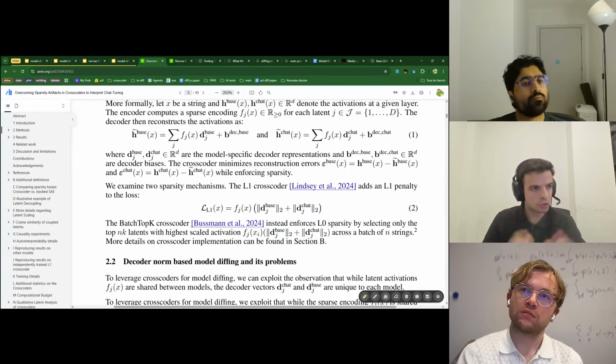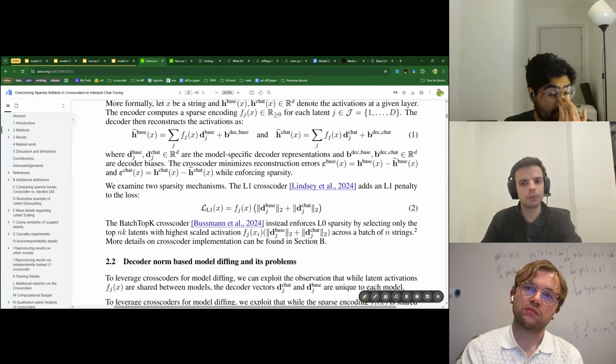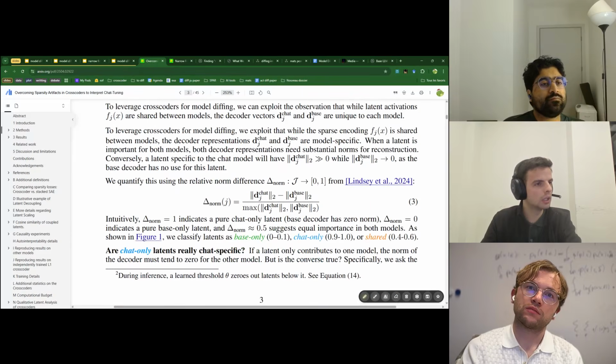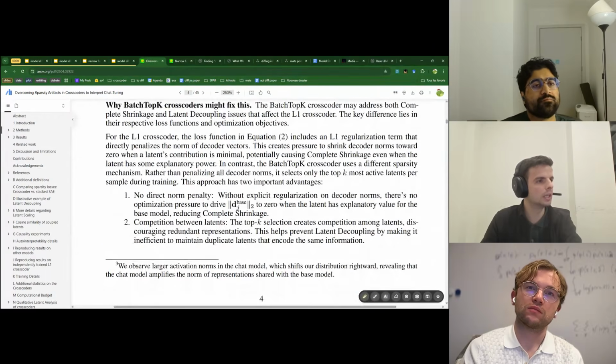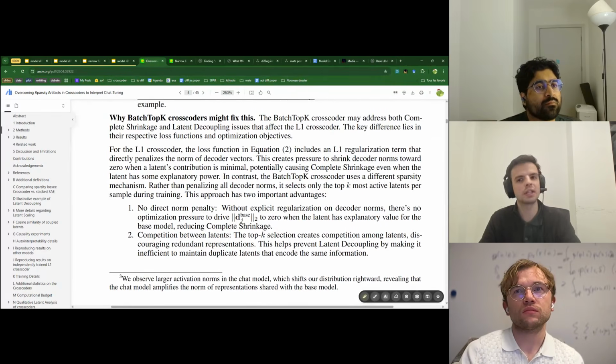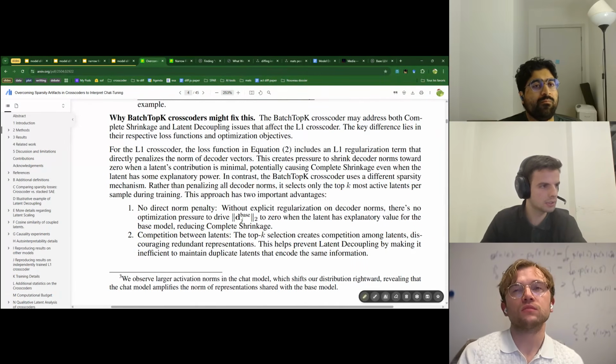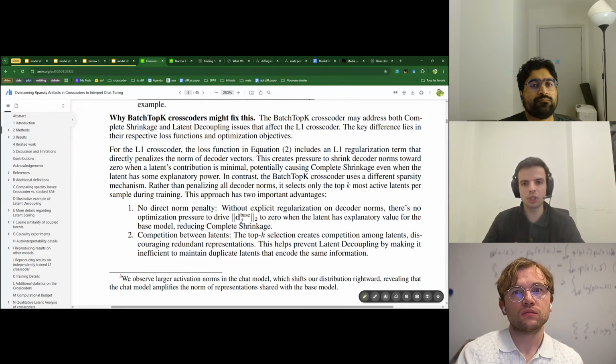Yeah, so this is BatchTopK, and we have some explanations why it would be better than L1, in the sense that it would avoid those pitfalls. The first thing is that complete shrinkage comes from norm penalization.